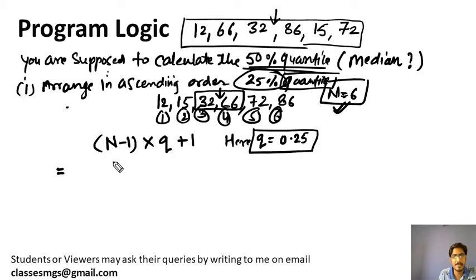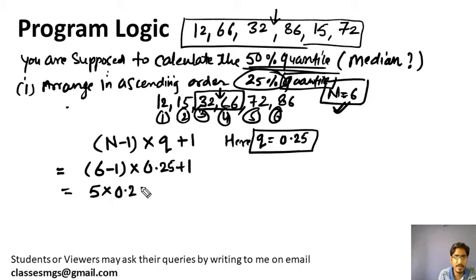Put those values. N is 6, minus 1, into q, which is 0.25, plus 1. What will be the value? 5 into 0.25 plus 1. 5 into 0.25 is 1.25.